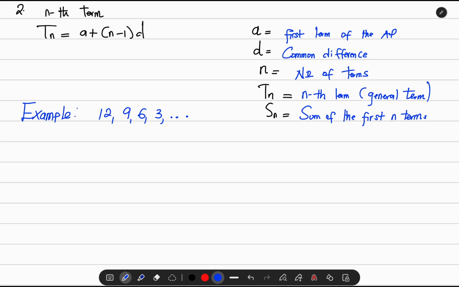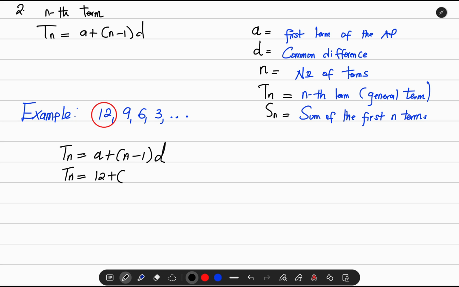How can we find the nth term? You should be able to know that the nth term is given by a plus n minus 1 multiplied by d. In this case, our first term is 12. So you put 12 there.